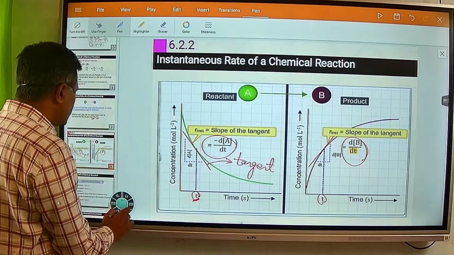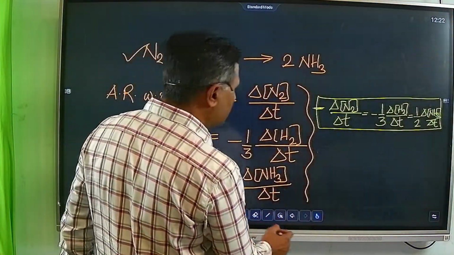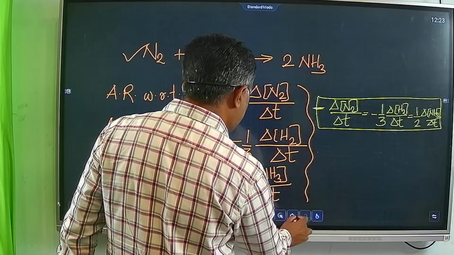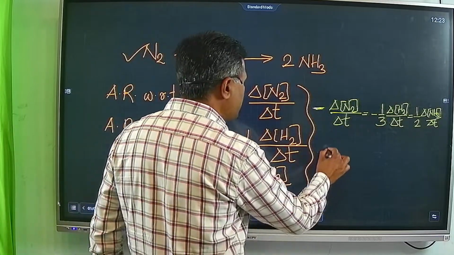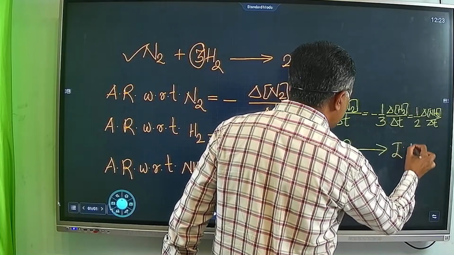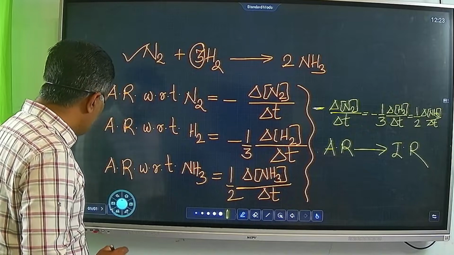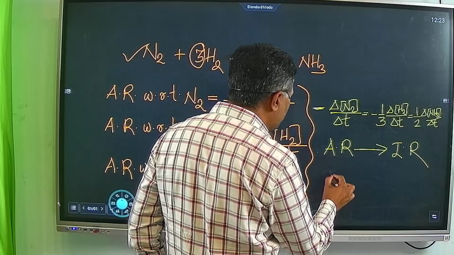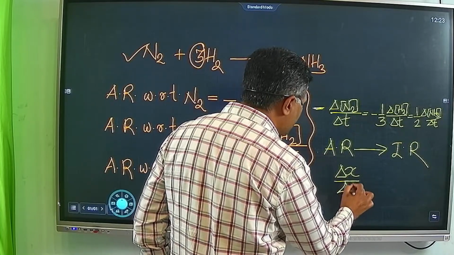Now a very important point you should remember is that the average rate can be converted into the instantaneous rate. In general, suppose you have any average rate expression delta x by delta t.